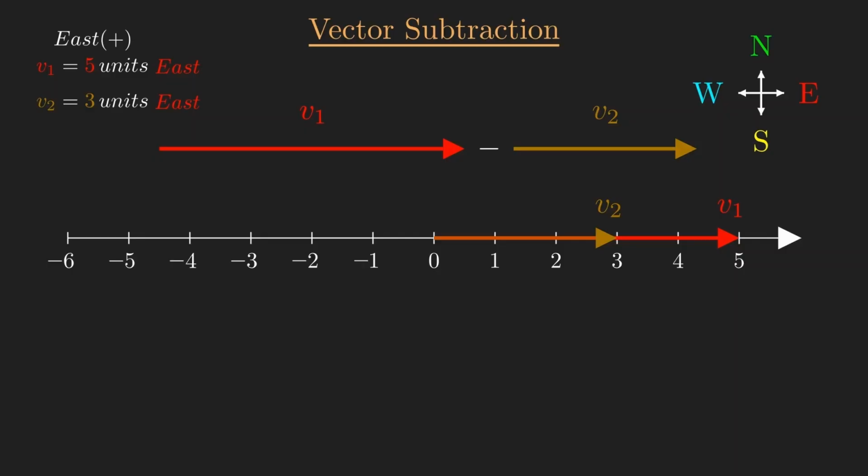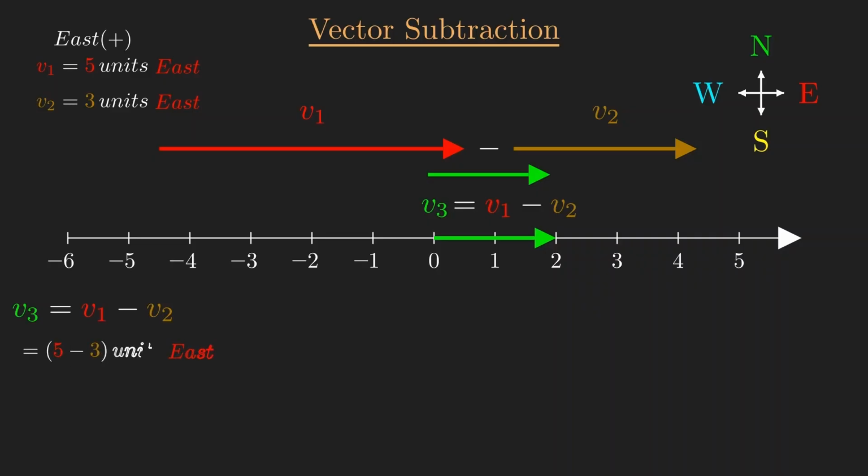I think you can see from the diagram that when you subtract v2 from v1, you'll be left with a vector that starts, let's say, from 3 to 5, which is a vector that is 2 units. So the vector v3 is 2 units to the right. That is v1 minus v2.